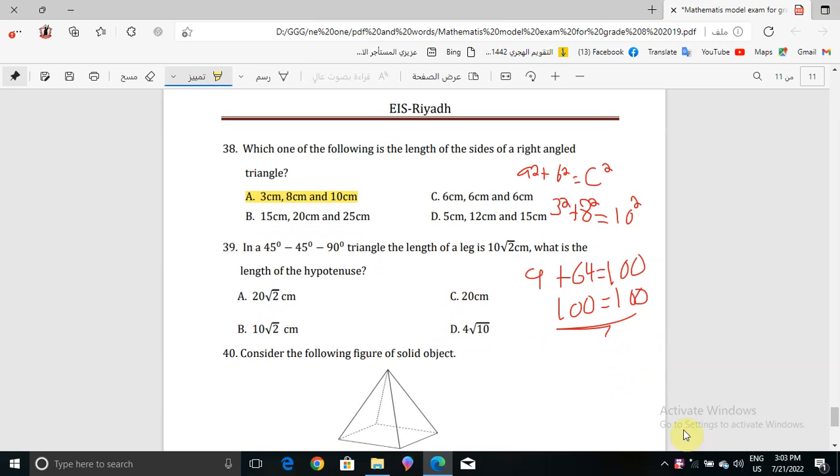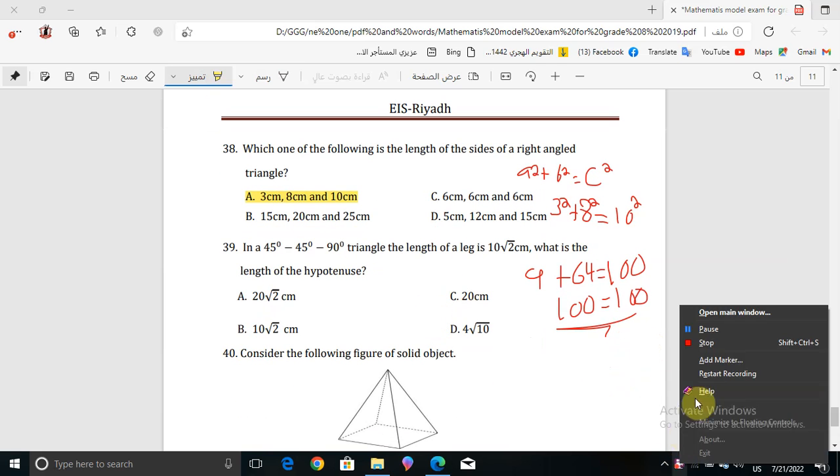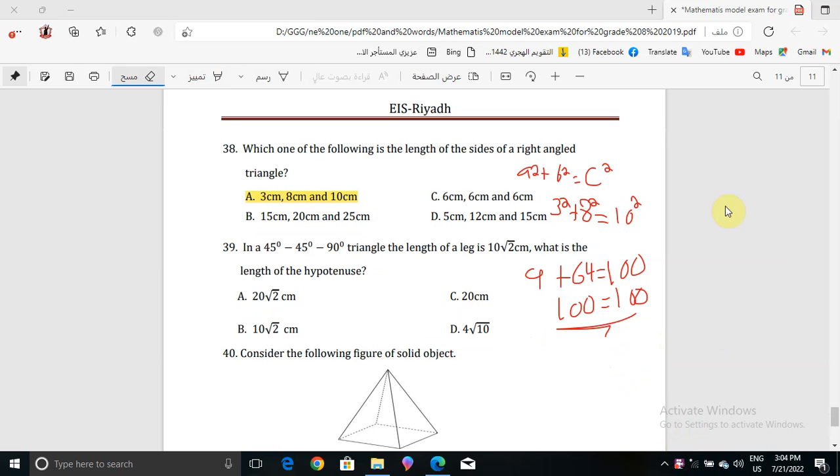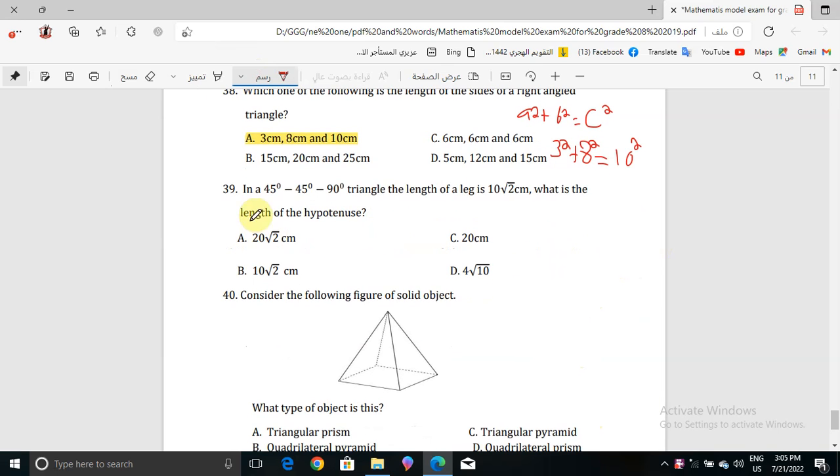Okay, now question number 39. It says: in a 45-45-90 degree triangle, the length of a leg is 10 radical 2 centimeters. What is the length of the hypotenuse?